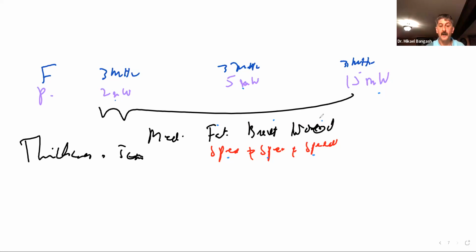So the statement says that they will travel through different media at different speeds because they are different media. That would have been true. But it's not just due to the different powers that the speed differs through the medium, because power and speed are not related.